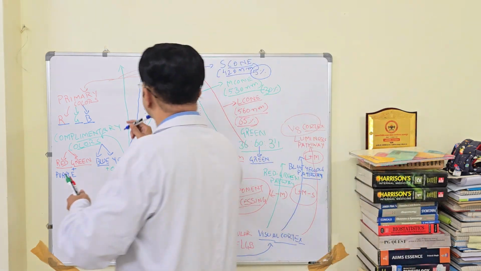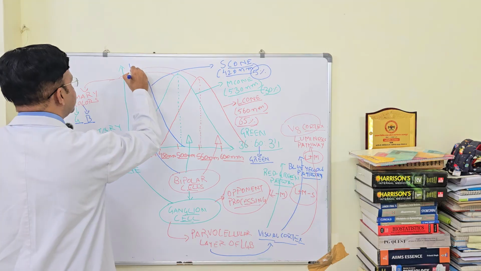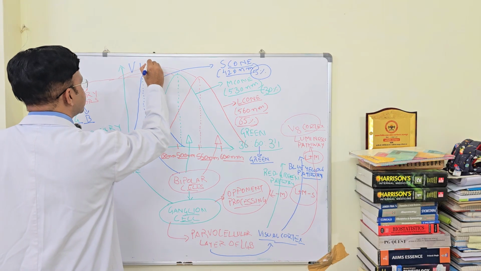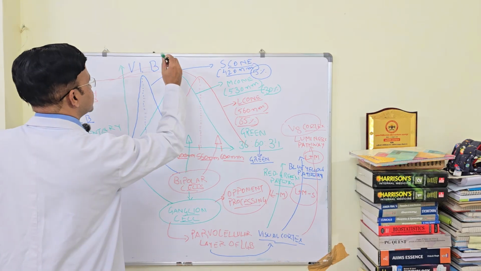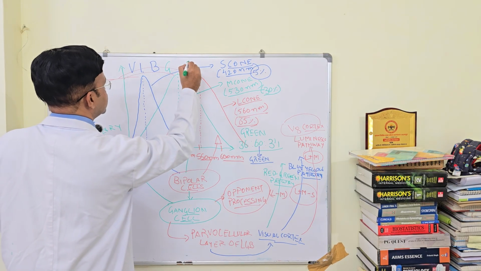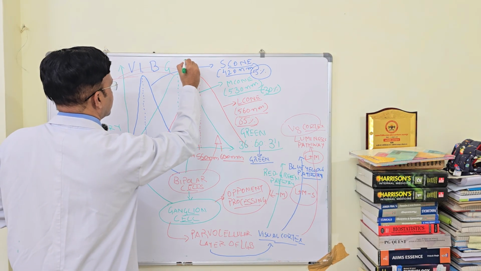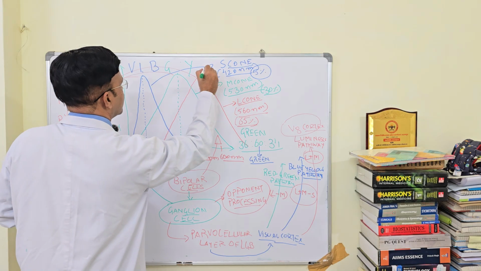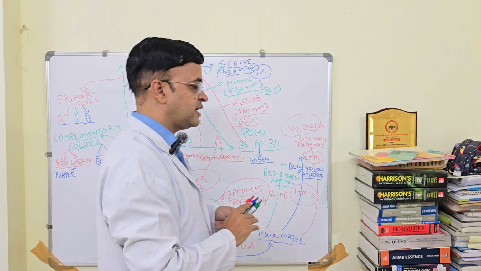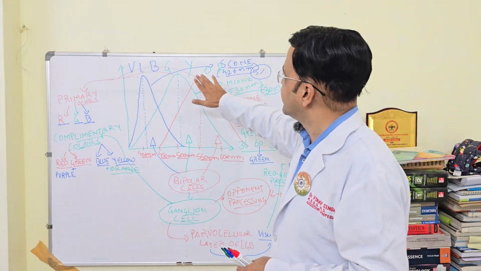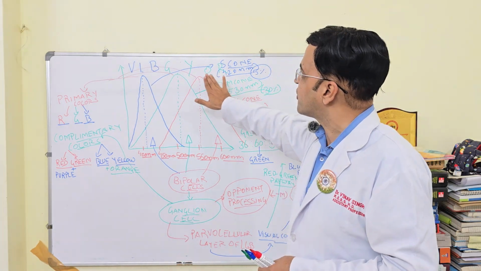Let me write VIBGYOR over here: V, I, B, G, Y, O, R. So fruits after ripening become yellow, orange or red.